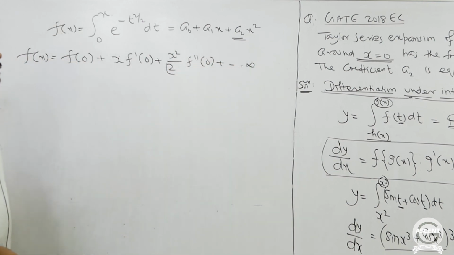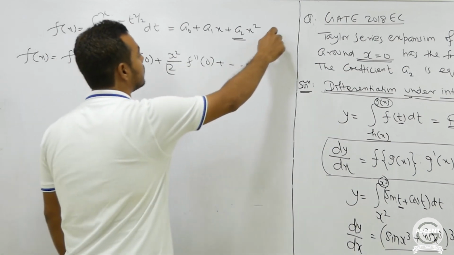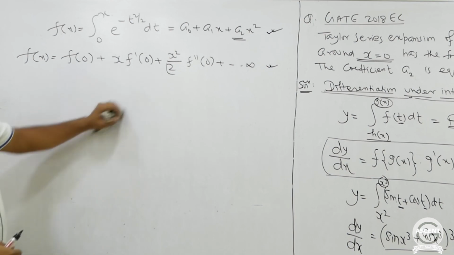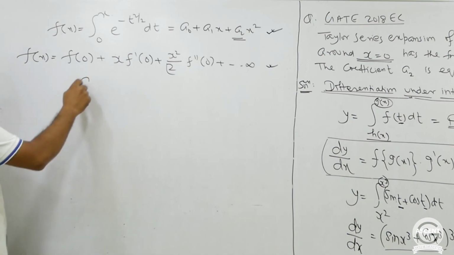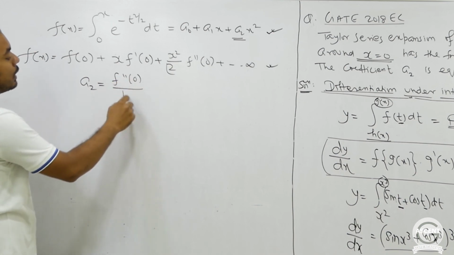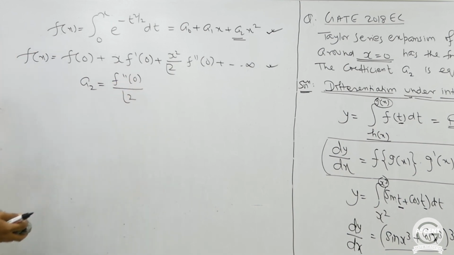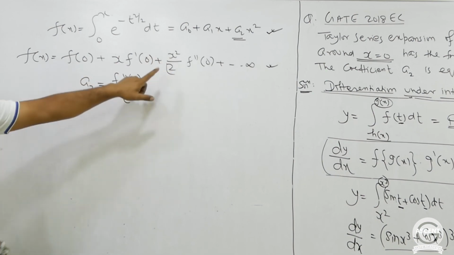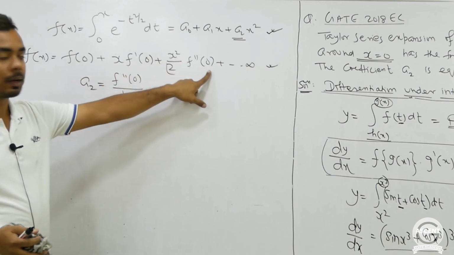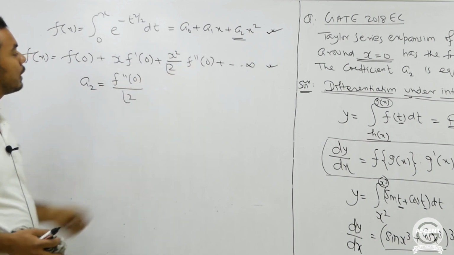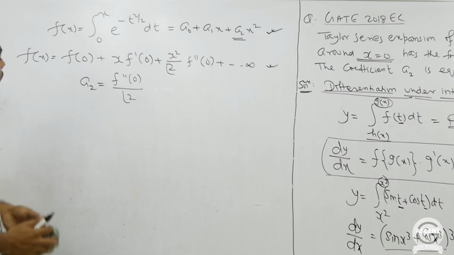If you compare the given expansion with the standard formula, you can easily see that a2, the coefficient of x square, is the second derivative at 0 divided by 2 factorial. So this will be the value of a2.